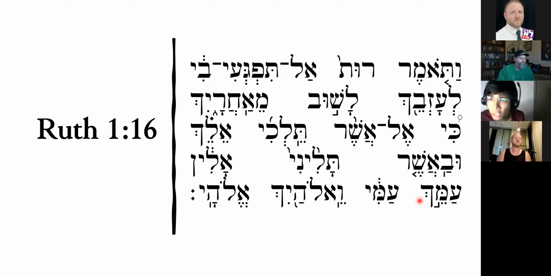Okay. This is verse 16, by the way. Vatomer Ruth al tifgei bi, tifgei leazvech. But it's an infinitive construct.